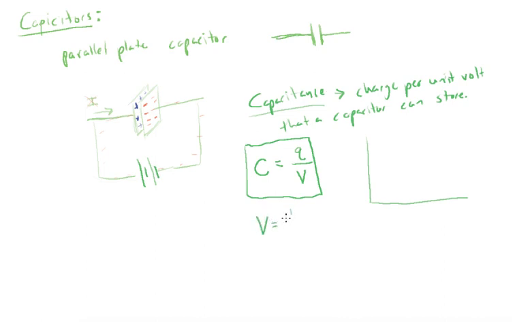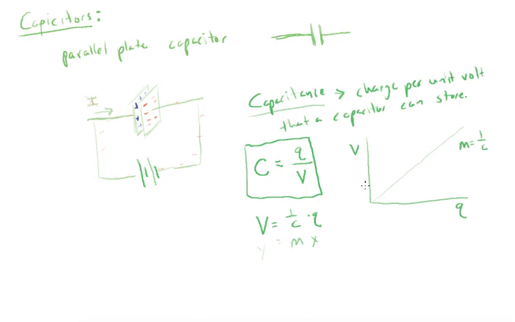V equals 1 over C times Q. And so I can graph voltage versus charge on it, and that'll be linear like that, right? Y equals mx, and 1 over C would be the slope. Okay, and that we could do.